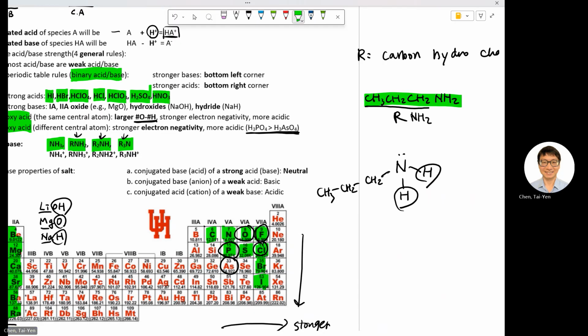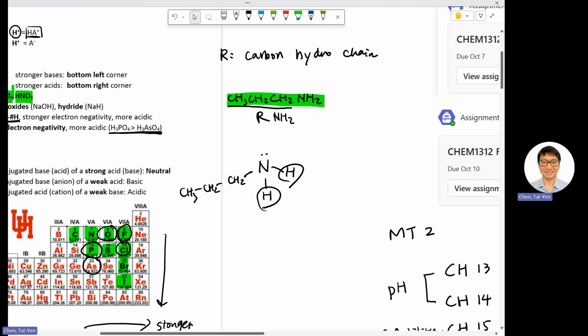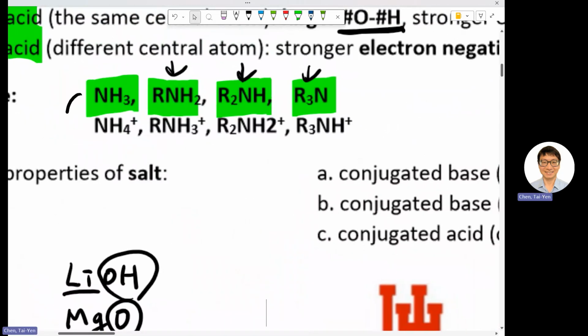Okay, its conjugate acid. This is actually a very interesting part that you must know. The conjugate acid of this weak base, amine, will be when you add in an H plus, right?